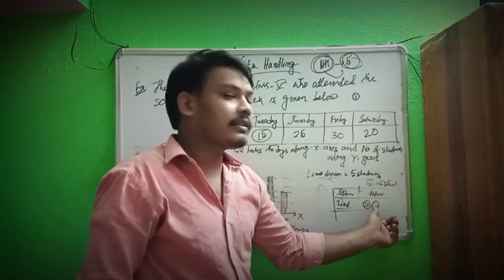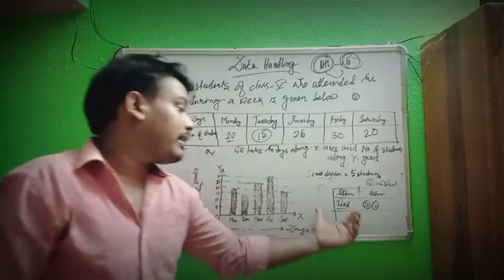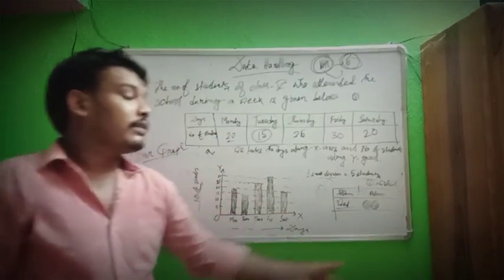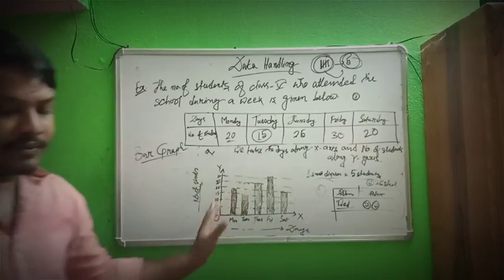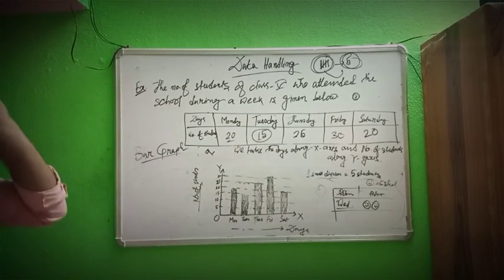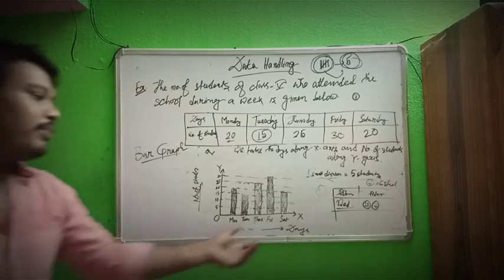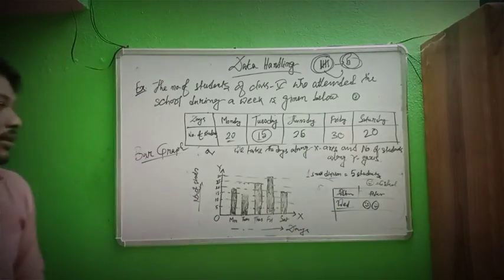So 6 plus 6, that means 12. So it is the converse of these problems, when a pictograph or bar graph is given and you need to answer some question. In this way you can answer the question.